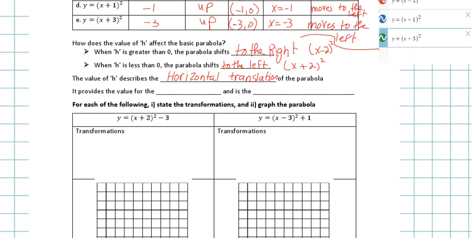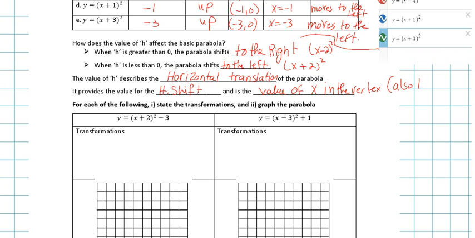It provides the value for the horizontal shift, and the value of x in the vertex, and it's also the axis of symmetry.